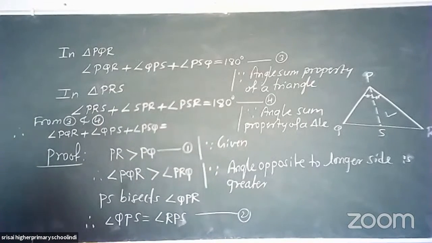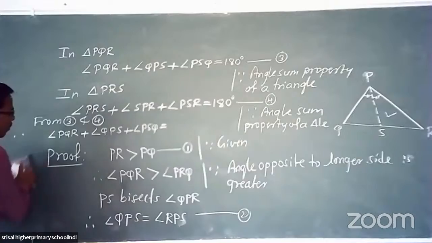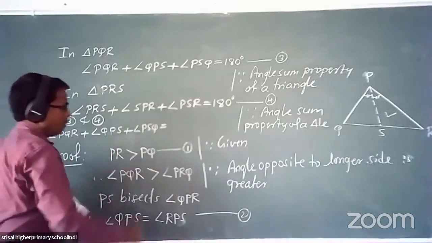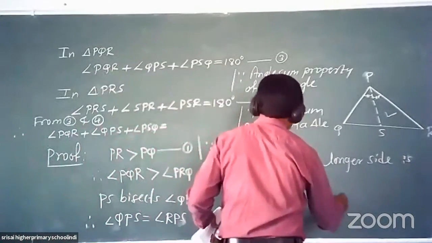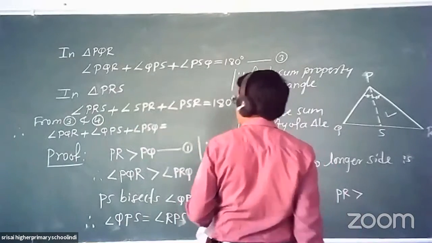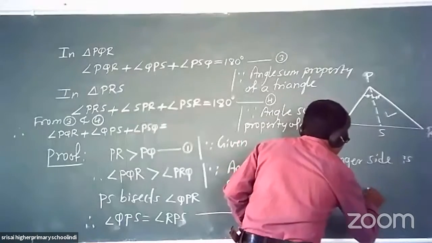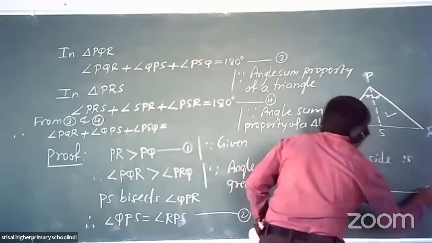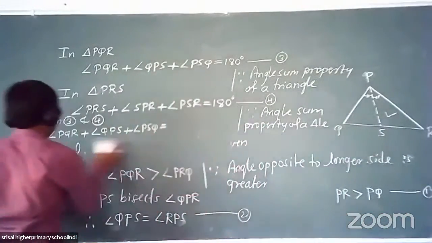Equation number 1 is required. What is equation number 1? PR is longer than PQ. This is 1.